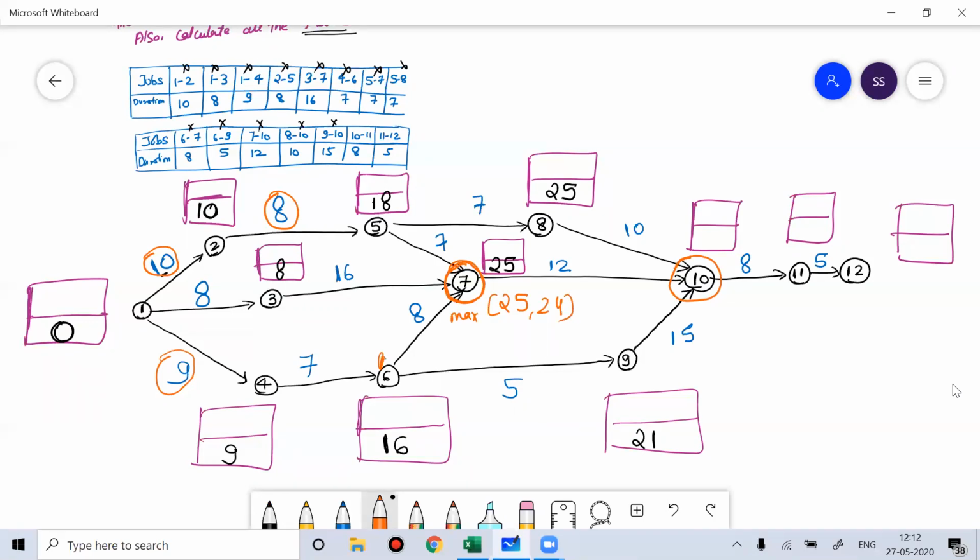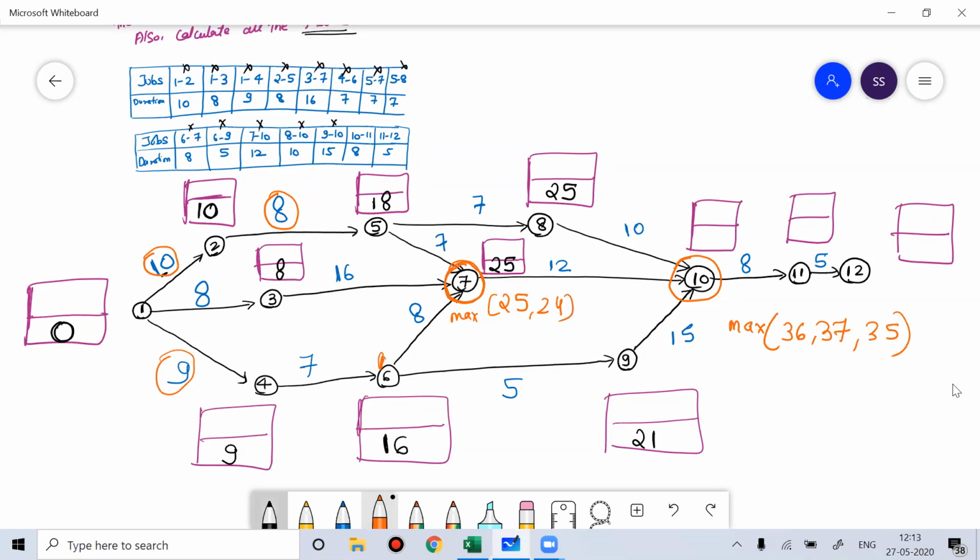So 9 to 10, how much time will it take? That is 21 plus 15, that is 36. Then 7 to 10, how much time is it taking? 25 plus 12, that is 37. And 8 to 10, how much time is it taking? It is 25 plus 10, that is 35.